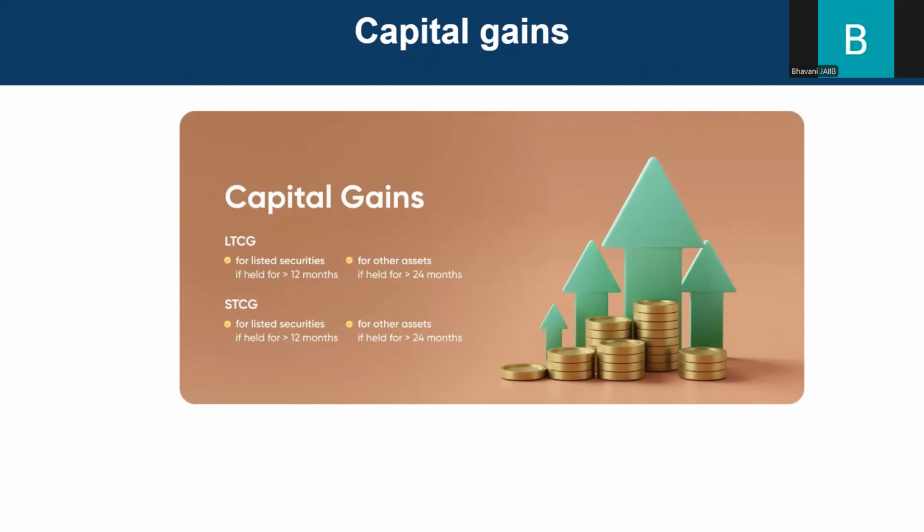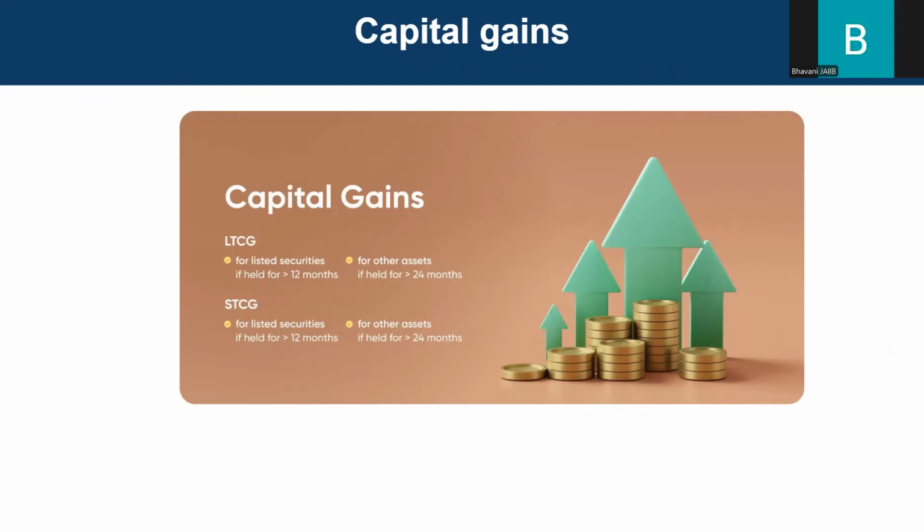Usually, you earn the amount in this financial year and the assessment is done in the next year. But in some cases, tax will be collected right away in the same financial year. So this is about the exceptions.